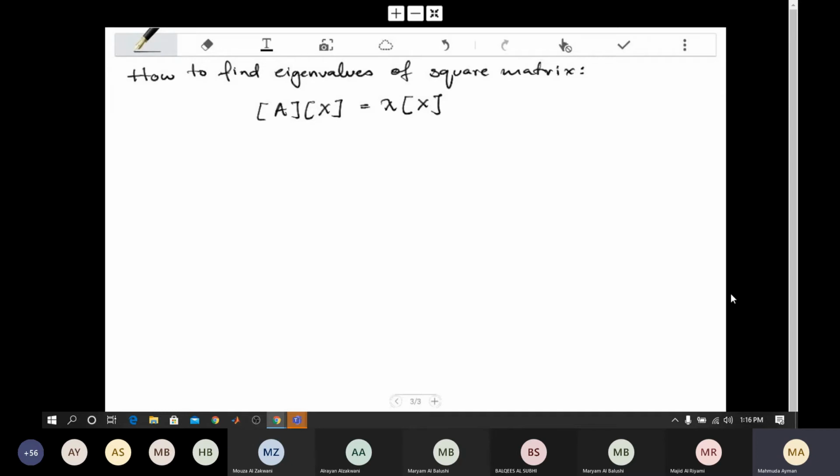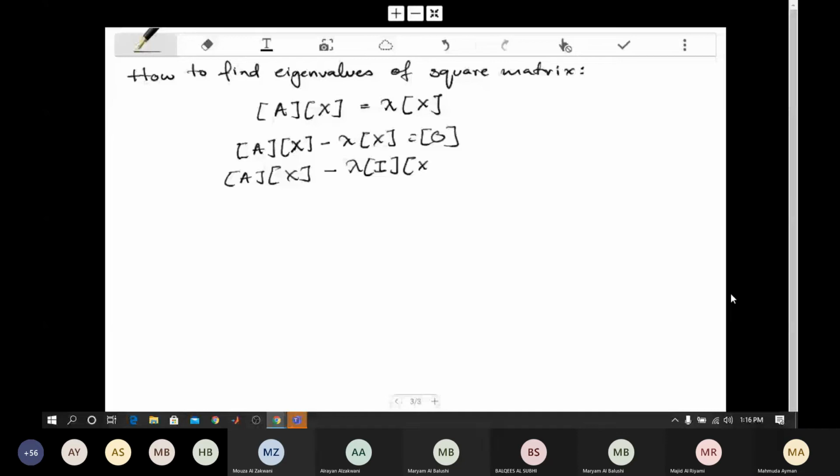So what we do is that we take the lambda x to the other side of the equation and we can write it as matrix A times x minus lambda times vector x is equal to 0. And this is also a vector. So here we can introduce, between the lambda and the x, an identity matrix, which is equal to 0.